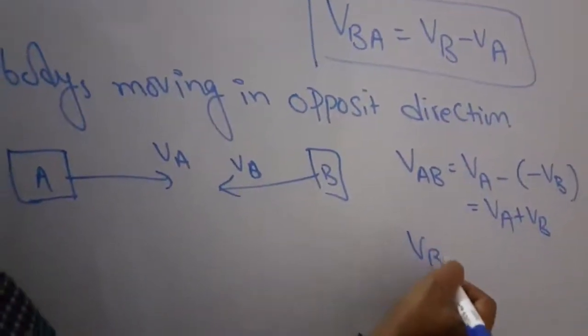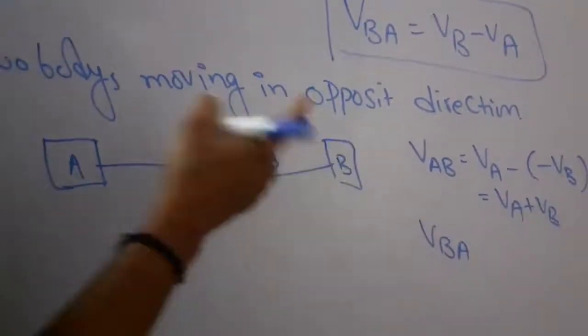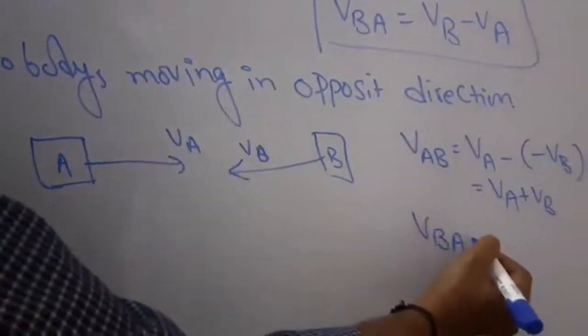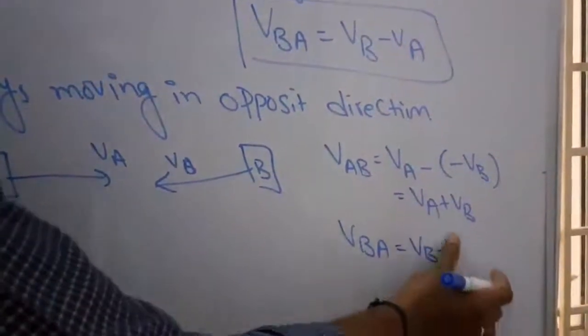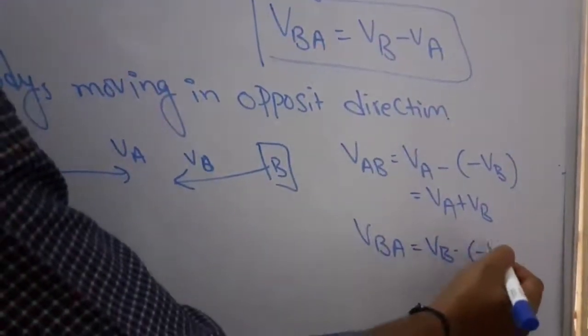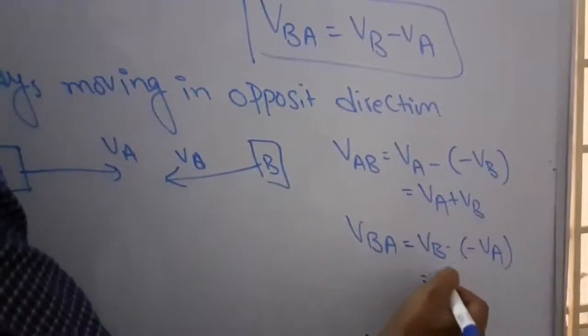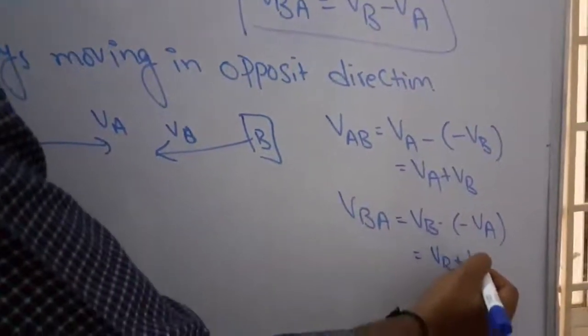Here VBA, body B's velocity compared with A, is VB minus of minus VA, which is equal to VB plus VA.